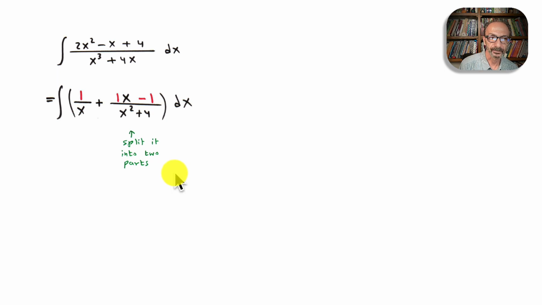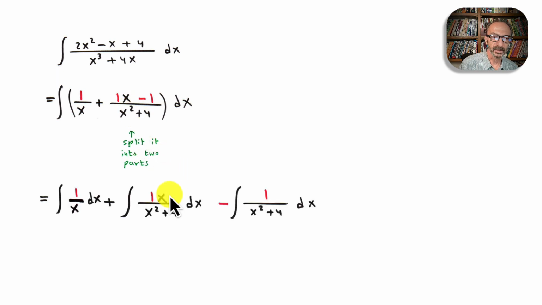Take a look. Imagine this and this with the minus, and you want to combine them. It's the same denominator. So the top part will be 1x minus 1, and that's right there. That's easy to remember. Then after that, we'll see how we're going to handle it.